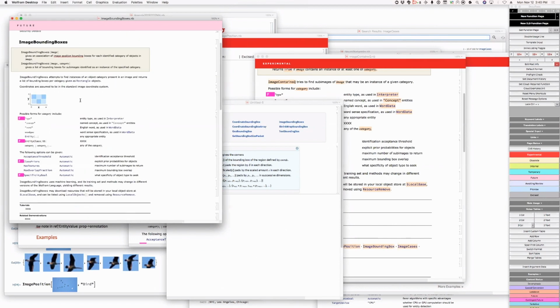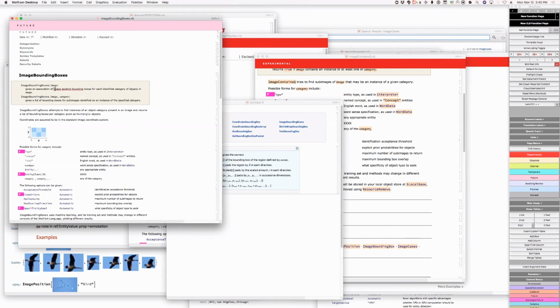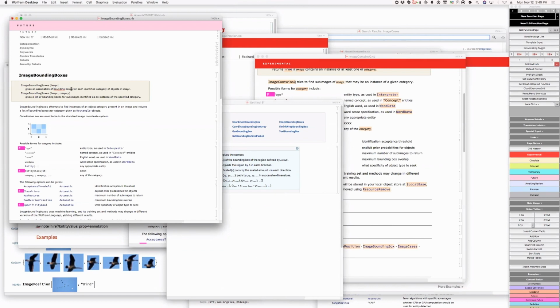Yeah, exactly. Then let's say bounding box rectangles, or something. Rectangular bounding boxes. We say in the first note that these things are coming back as rectangle objects.